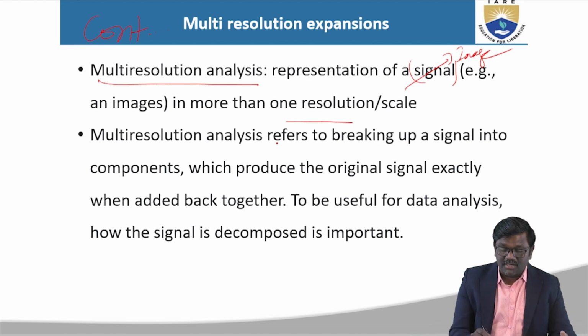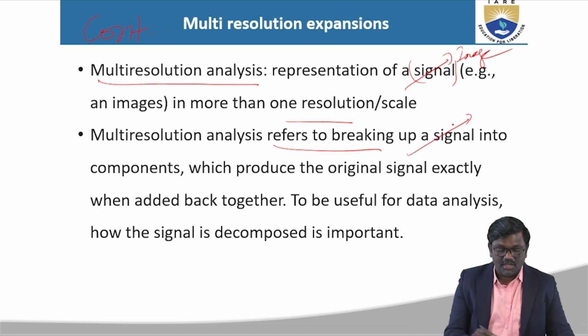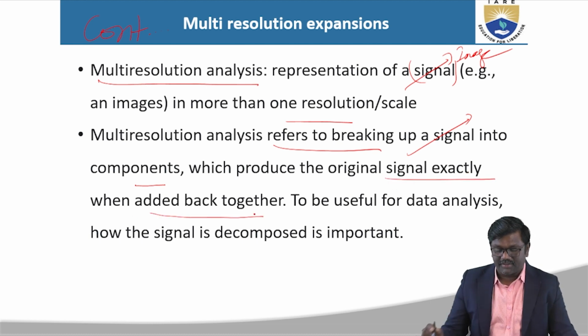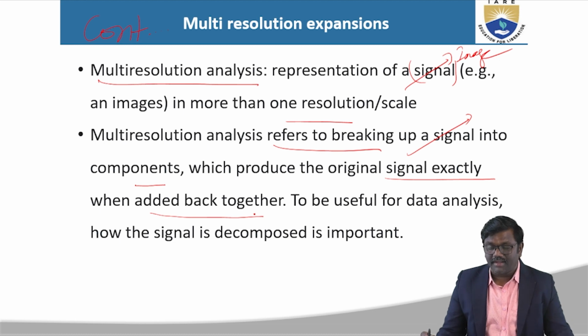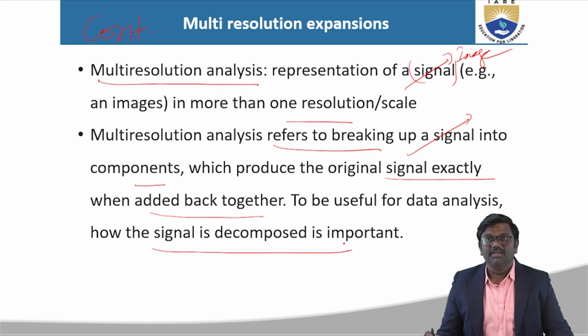So multi-resolution analysis refers to breaking up your signal into components, which produce the original signal exactly when added back together. To be useful for data analysis, how the signal is decomposed is important here.